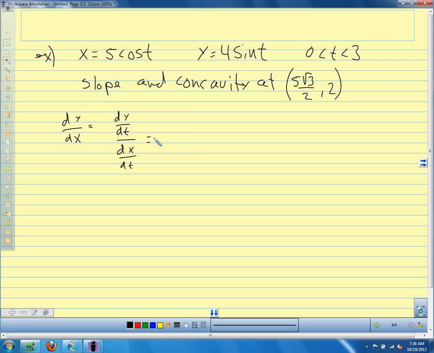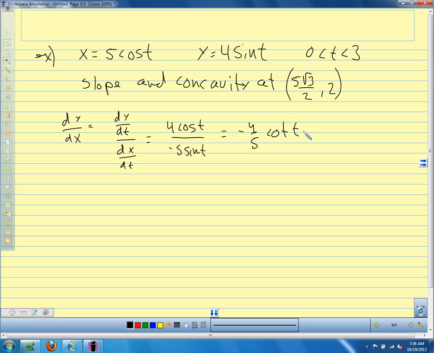All right, so dy/dt is going to be what? 4 cosine t, and dx/dt, negative 5 sine t. And so we end up with negative 4/5 cotangent of t.